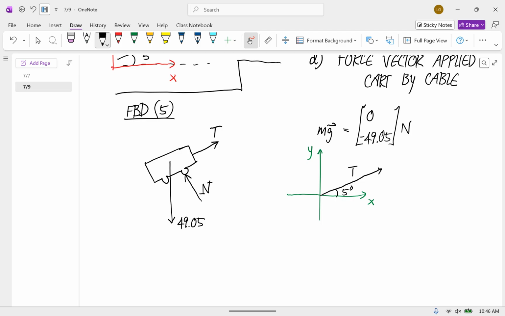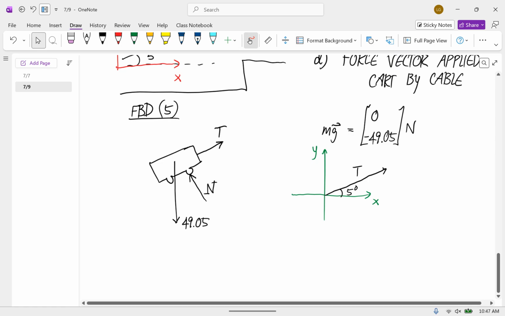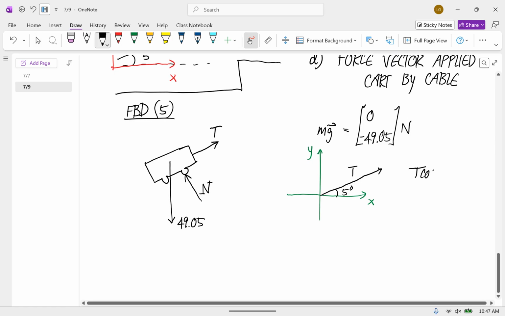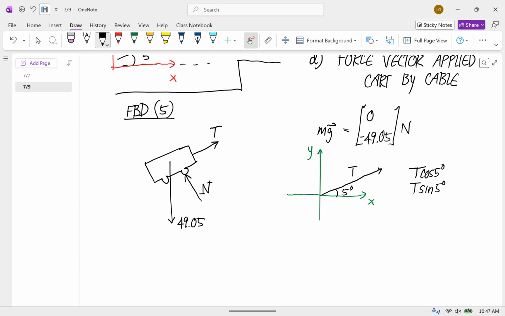And since this is in 2D and we're given a reference angle, we can just use cosine and sine. So the counterclockwise angle from the positive x-axis here is positive 5. And so this vector is going to be T times the cosine of 5 degrees, T times the sine of 5 degrees, and I do not know those off the top of my head. Cosine of 5, sine of 5.